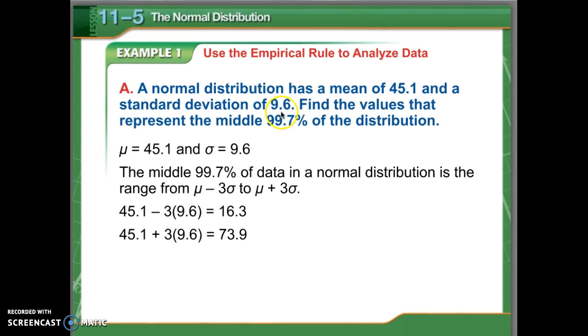So if we know the standard deviation, we're going to need to multiply that by 3 and then add and subtract that value from the mean, 45.1. So that means that the values that represent the middle 99.7% would be any value that's between 16.3 and 73.9.